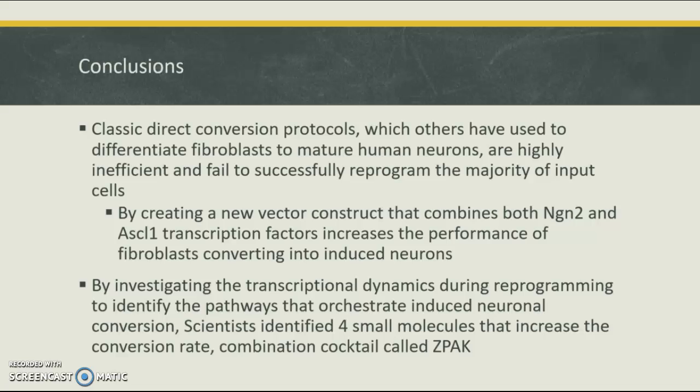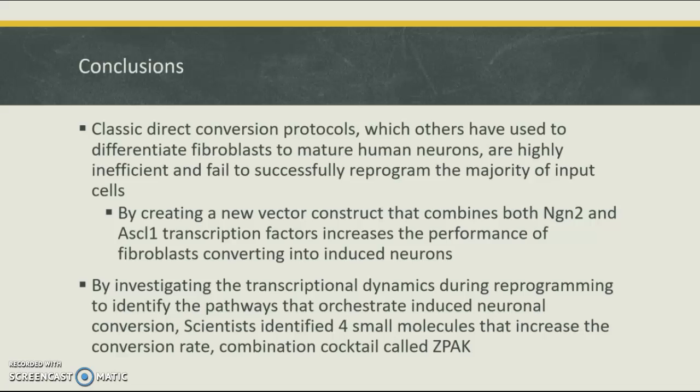However, within this particular article, it's using direct cell reprogramming because they use 2 different viral factors to co-infect fibroblasts to introduce NGN2 and ASCL1 proteins in them. But creating a new vector construct that combines both NGN2 and ASCL1 transcription factors in the same vector increases the performance of fibroblasts converting into induced neurons.